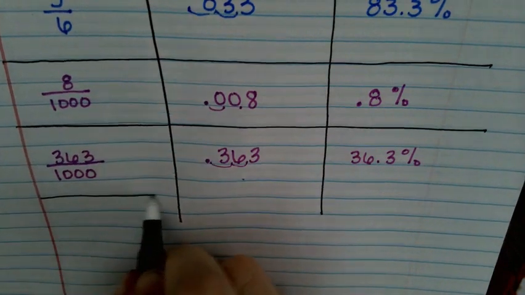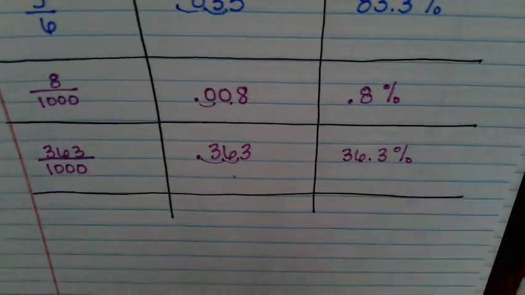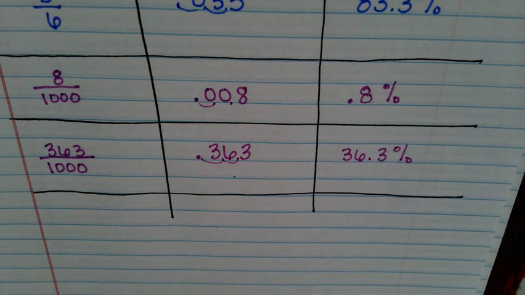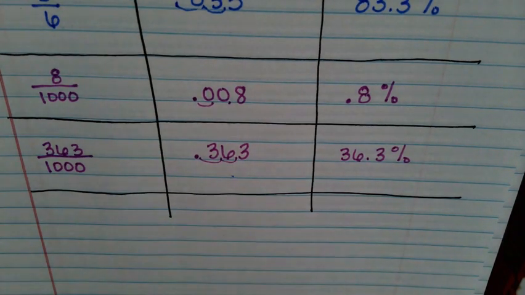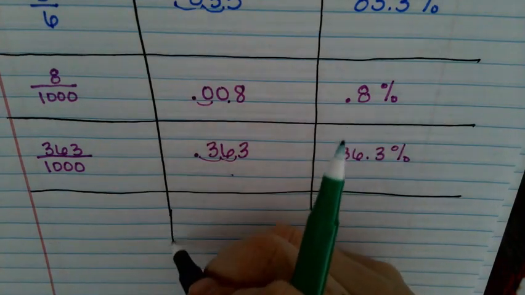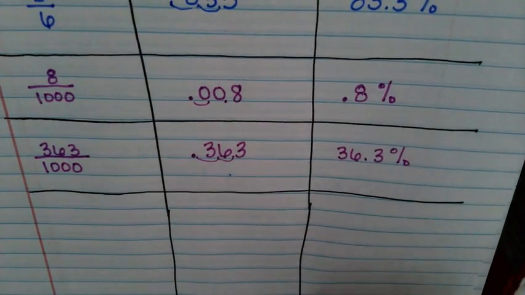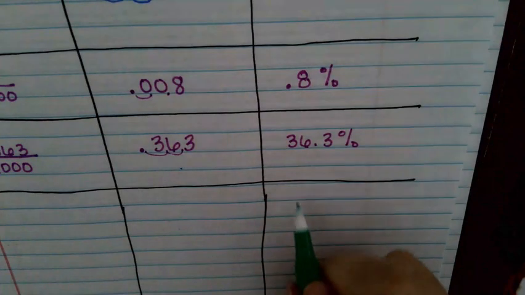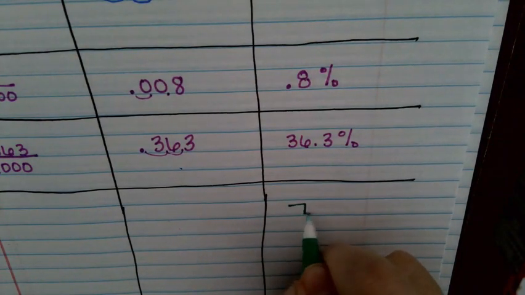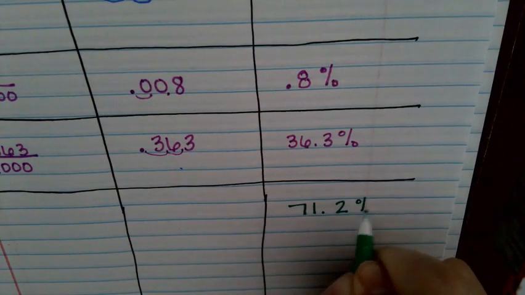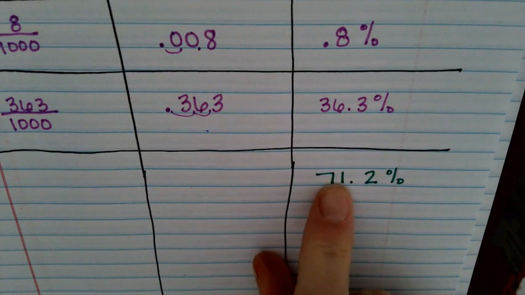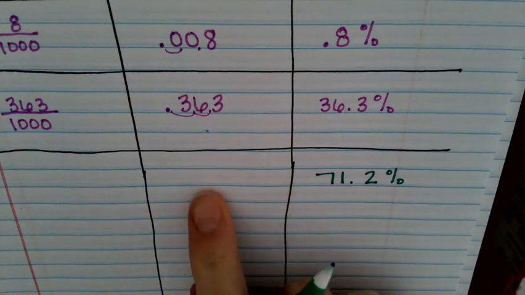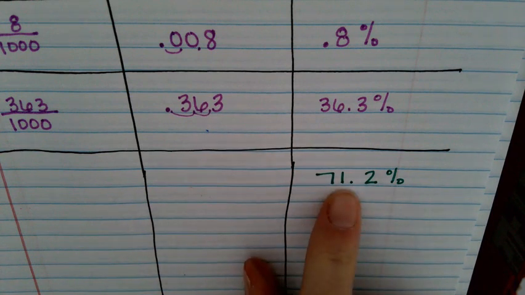Let's do 2 more. Oops, I need to extend my lines. We'll start with our percent. What if I had 71 2/10%? Remember, move the decimal 2 places to the left, because to go from decimal to percent, we multiply by 100.